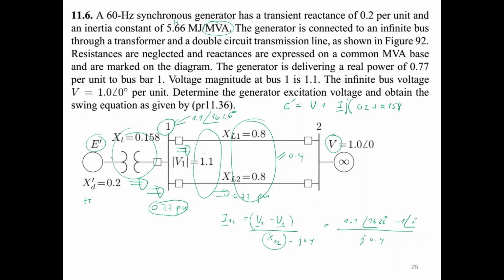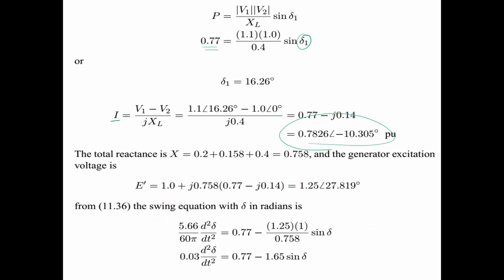So you find the E prime from the known V, then the total current I, plus the reactance here, 0.4. This is how you can find the E prime. So you find E prime to be 1.25 angle of 27.819.